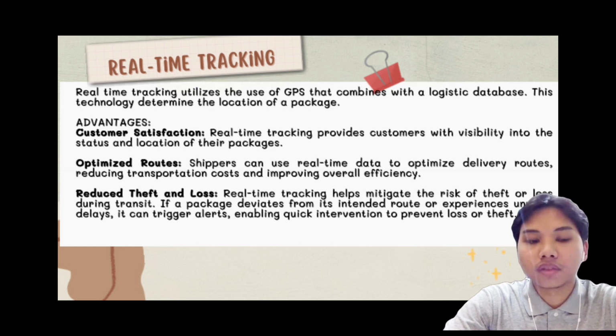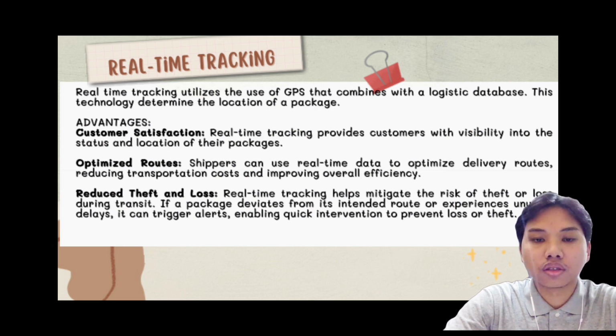Real-time tracking helps mitigate the risk of theft or loss during transit, and even if loss or theft has occurred, the shipper or the company can easily track down the package and also retrieve it easily.